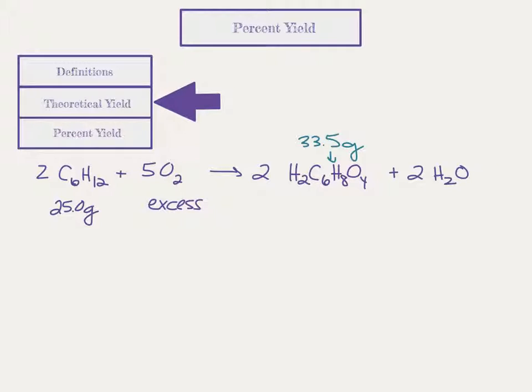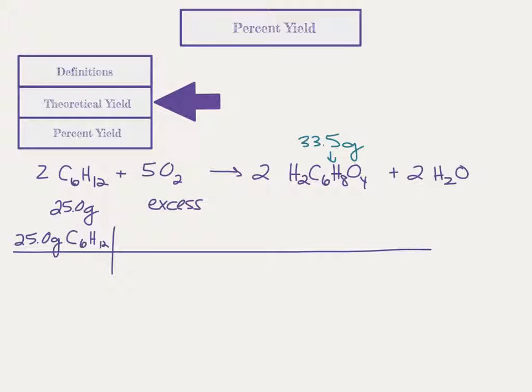Our first step is to calculate the theoretical yield, like we would in simple stoichiometry problems. So what I'll do is take my 25 grams of the cyclohexane, convert it into moles using its molar mass, and check out the mole to mole ratio between my starting reactant and my product.